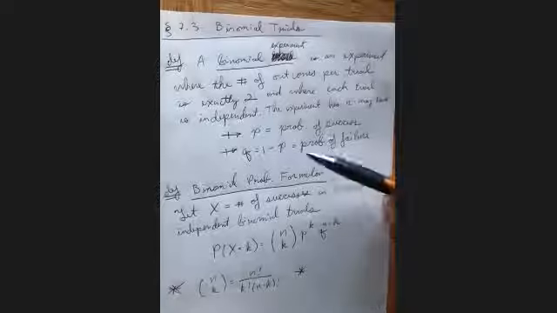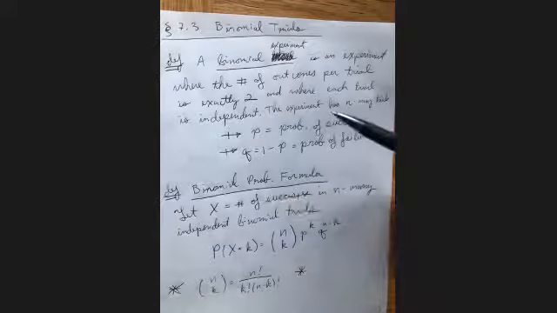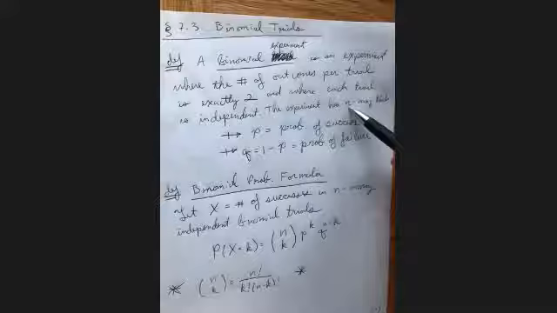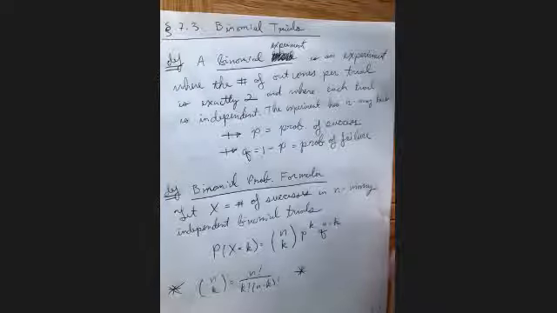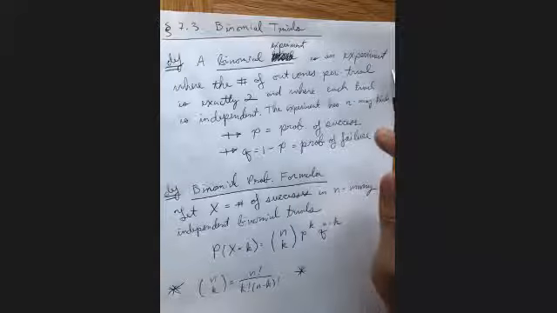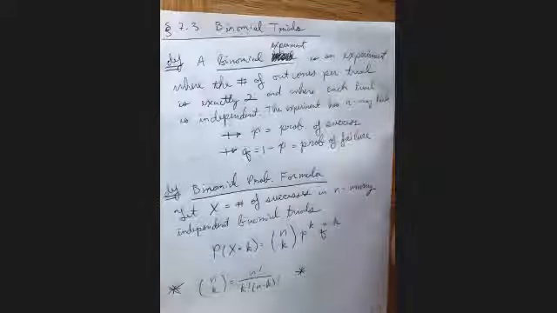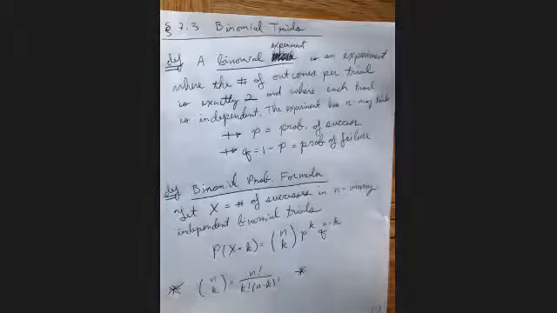So let me just reiterate: a binomial experiment is an experiment where there is a fixed number of trials, n, and each trial has exactly 2 outcomes, and each trial is independent from all other trials. So the probability of one outcome in a particular trial is not affected by the outcome of another trial.